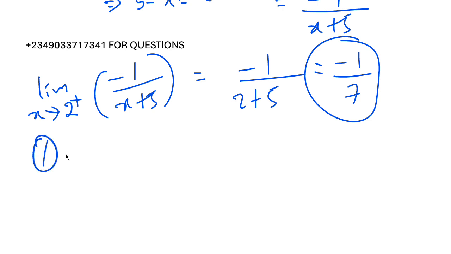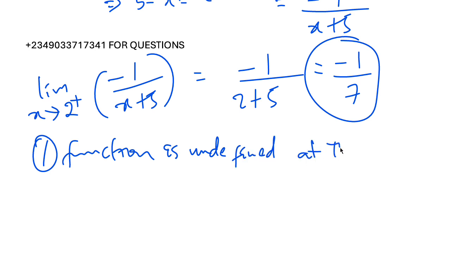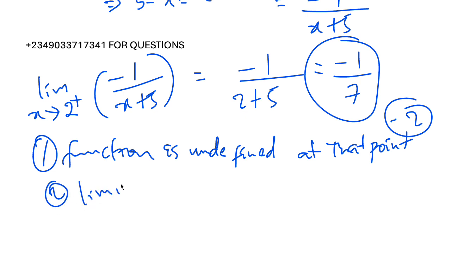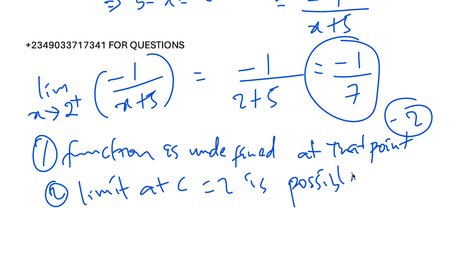One is that the function is undefined at that point, and in this case the point was 2, with x approaching 2 from the right. The second is that the limit at c, which in this case was 2, is possible; the limit at c equals 2 exists.